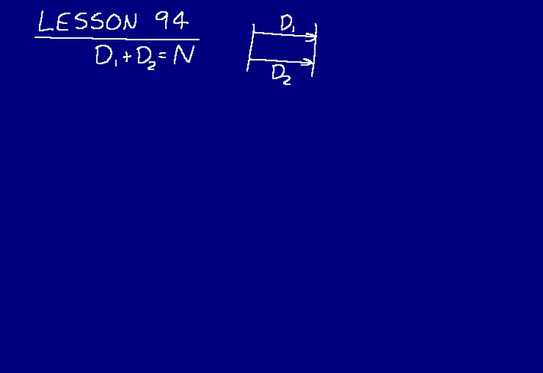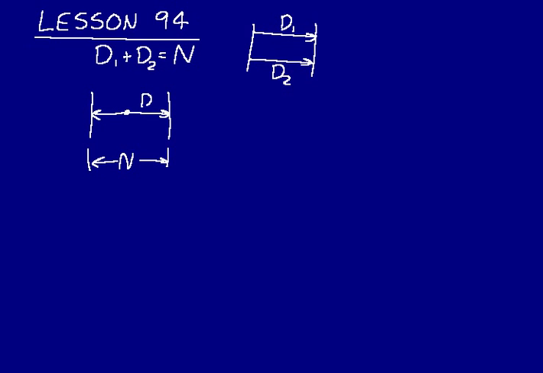Now, in this type of equation, we'll have D1 plus D2 equals N. So we still draw our vertical bars, but we think of it as this is the total, N. That's what the N stands for, a total distance. Now D1, maybe both of the items that were in the problem started in the center and they moved away from each other.